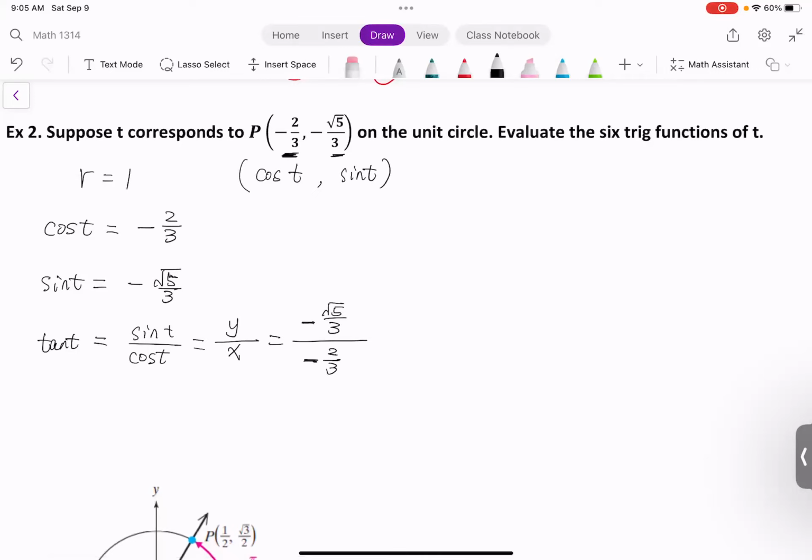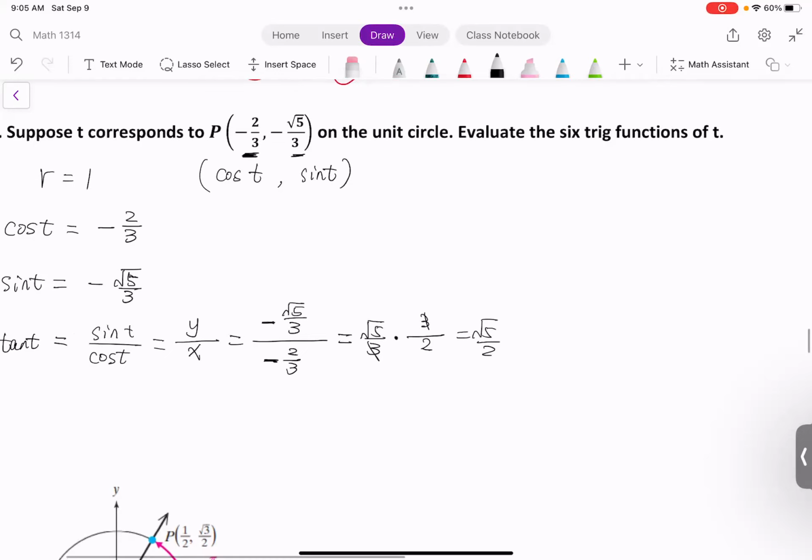Negative divided by negative is positive. Use the KCF: keep the square root of 5 over 3, change the division to multiplication, and flip the bottom fraction, 3 over 2. Then the 3 cancels. I got square root of 5 over 2.